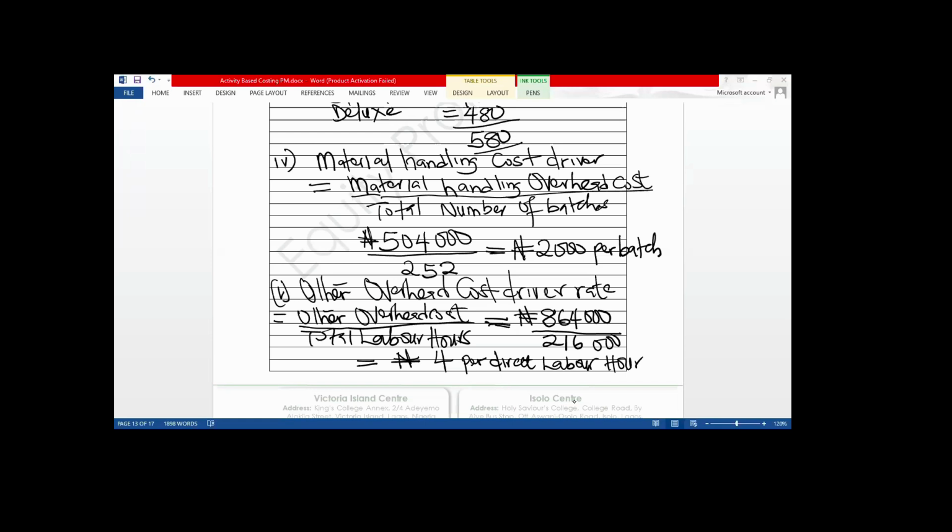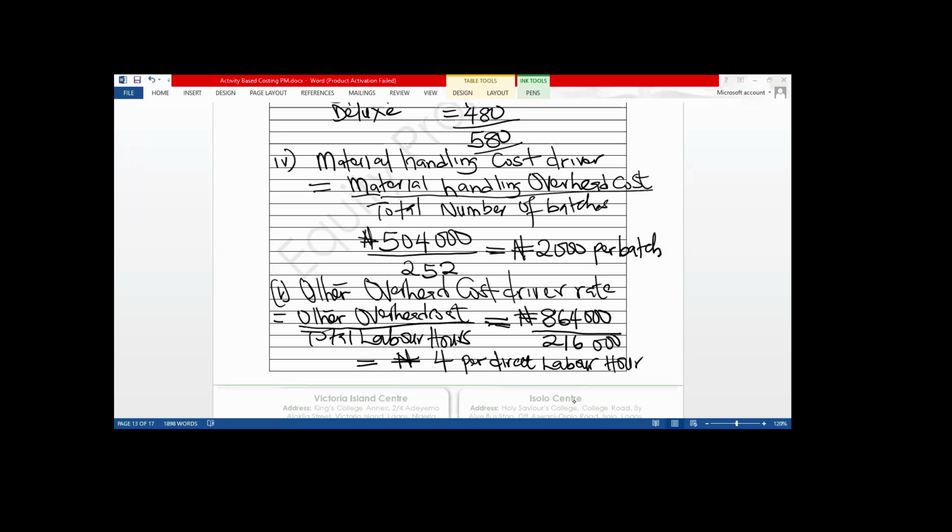Requirement 4 says what, please? Oliver, please read requirement 4. Compute the overhead rate per unit of each product using the activity-based costing approach. That means I want to get the overhead rate per unit.